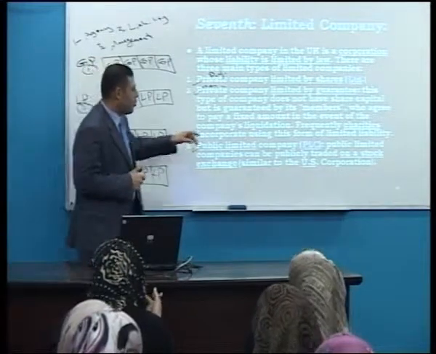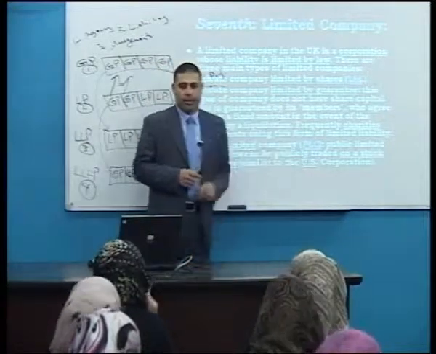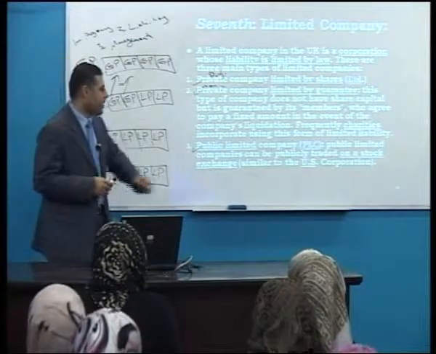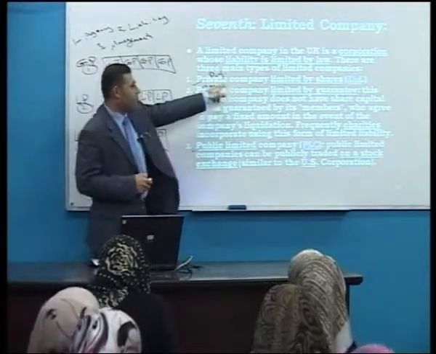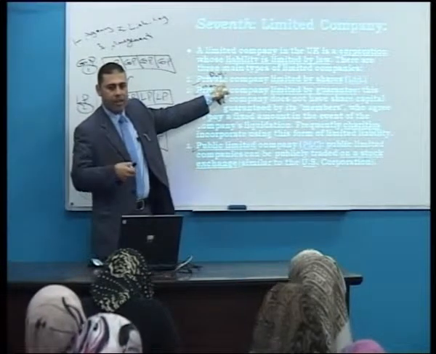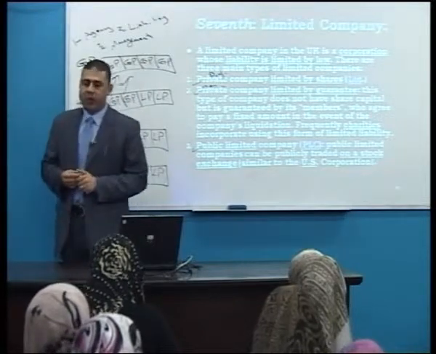The second type, we don't have shares. We have guarantees. Such a type is limited by guarantee because it's non-profit. It's a charity. In the first type, we can invest money, and we know how much money we invested and how many shares we have. But in the second type, we have guarantees only.